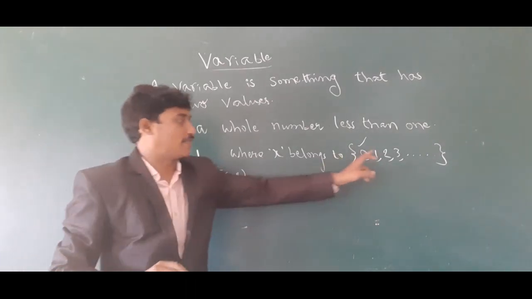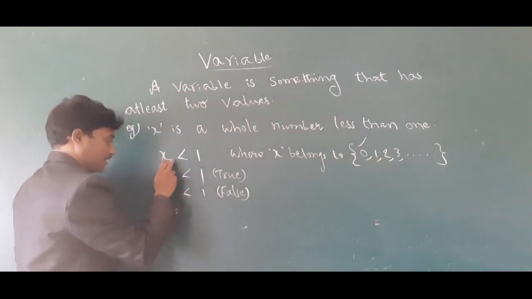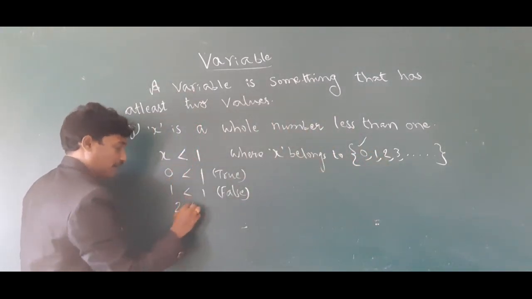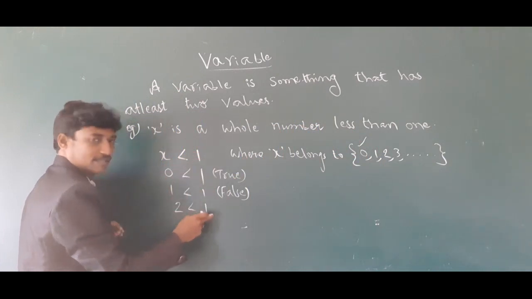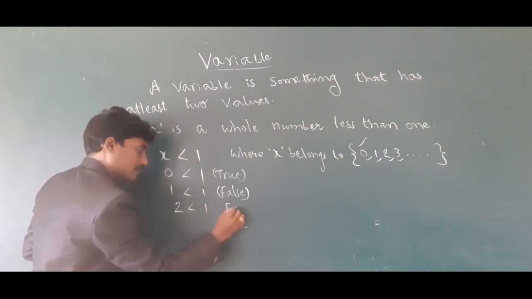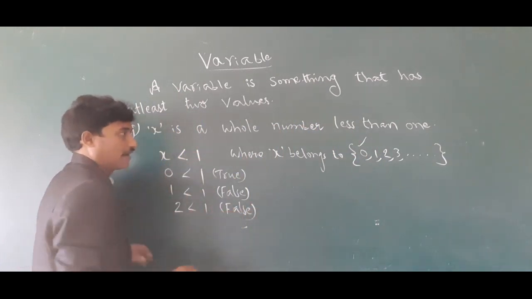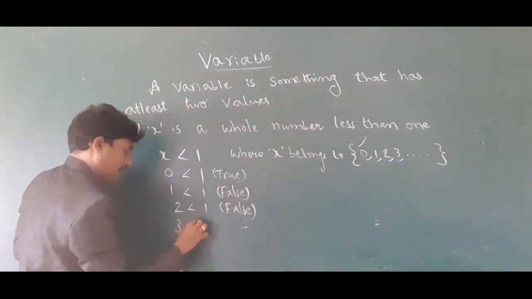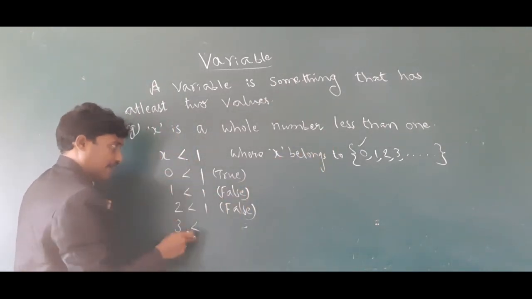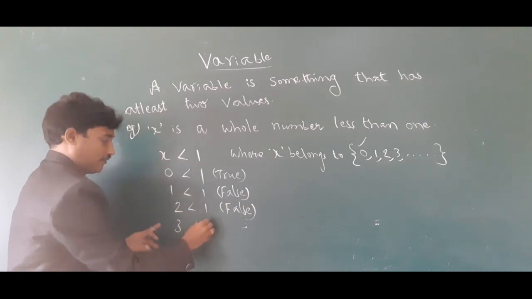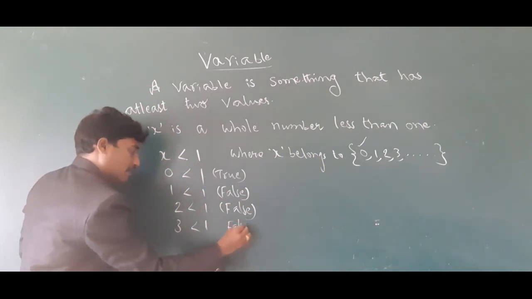Let us take x as 2: 2 less than 1 is false. And let us take 3: 3 less than 1 is also false.